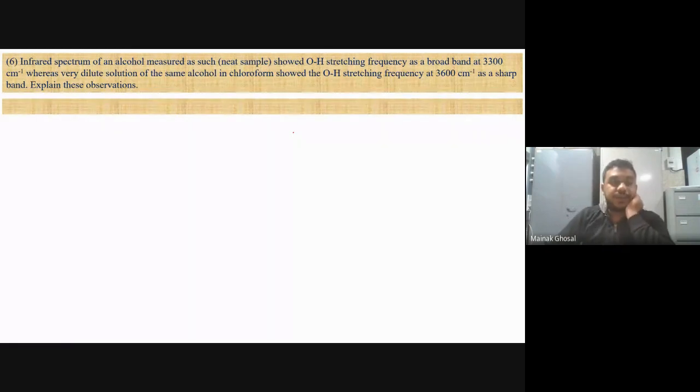Another straightforward question: the infrared spectrum of an alcohol measured as such, that means a neat sample, showed OH stretching as a broad band. Okay, so I'm taking an alcohol ROH. It is showing a broad band at 3300 centimeter inverse.